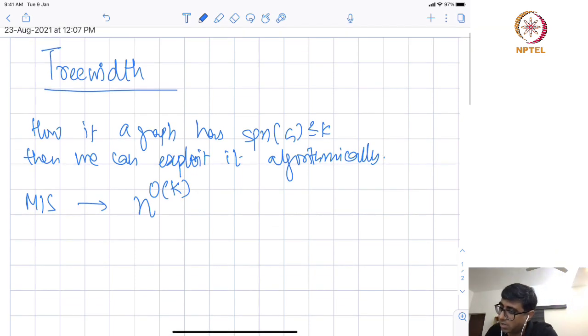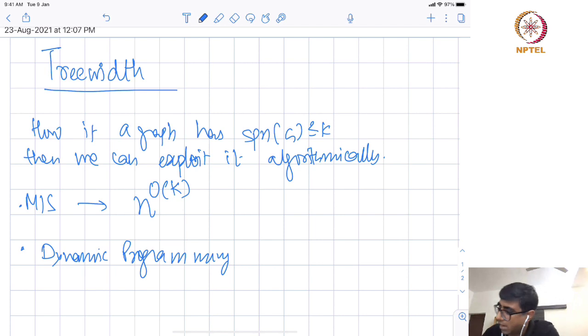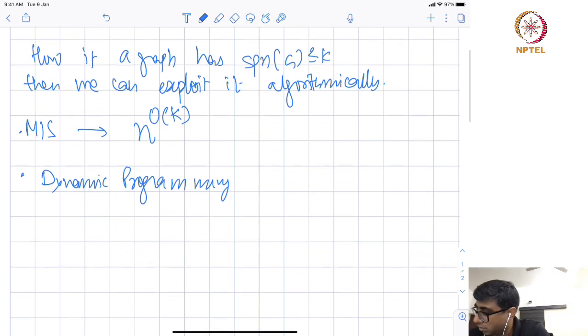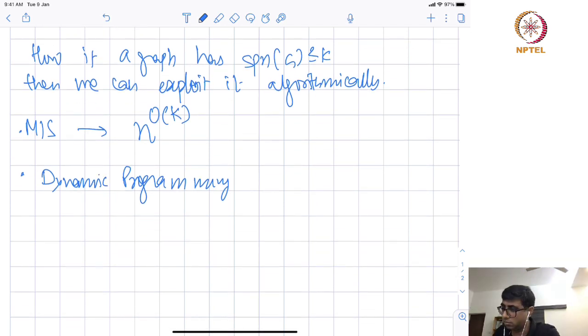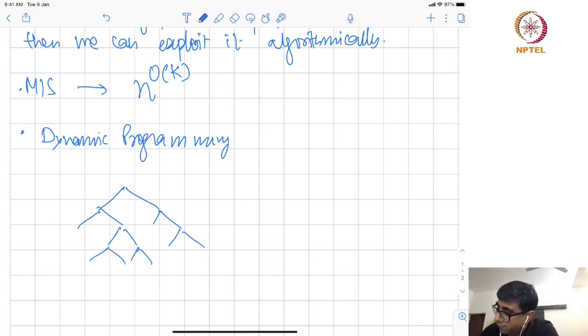So, in desire to design an FPT algorithm, we try to take an approach of dynamic programming. And if you notice, we gave a dynamic programming algorithm for trees and also for subclasses of grids. For the trees, we rooted at some vertex root, and we had this notion of T_v, which is basically the subtree rooted at a vertex v.